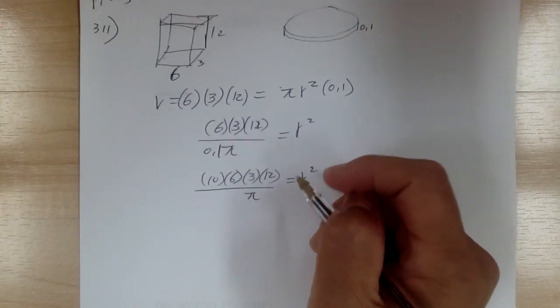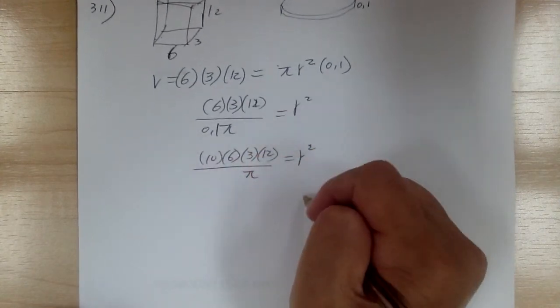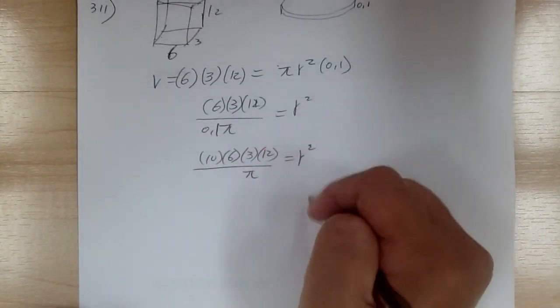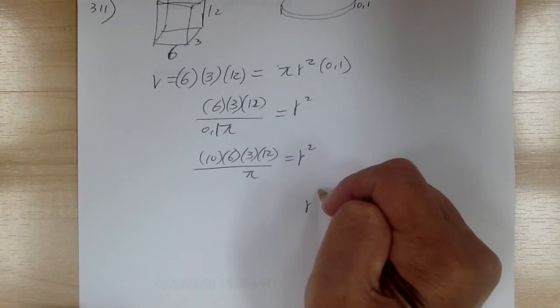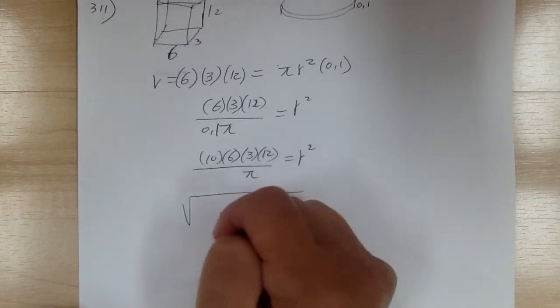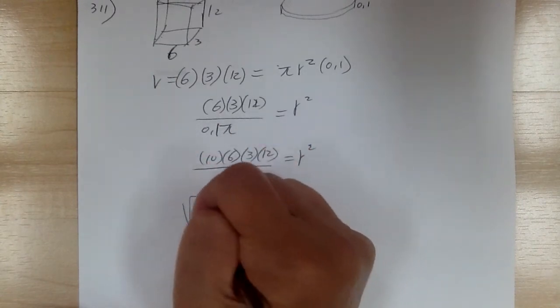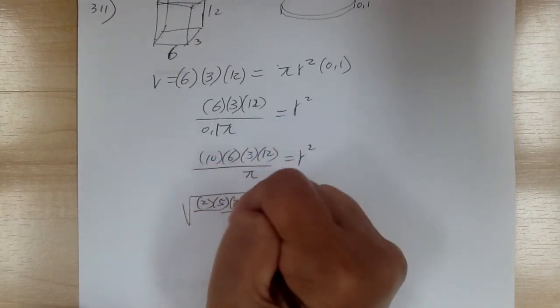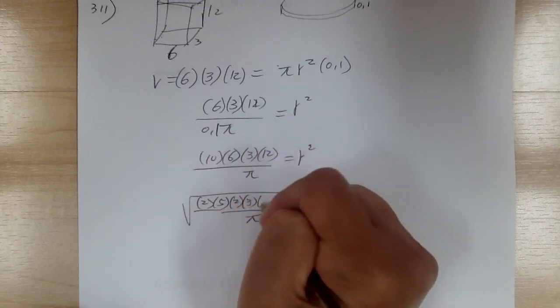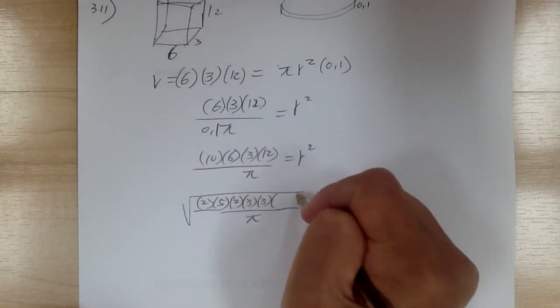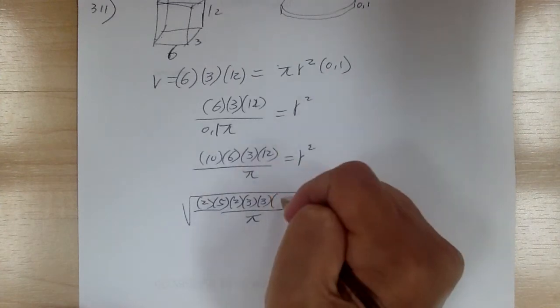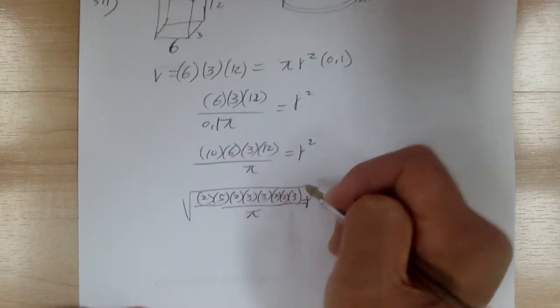Now to simplify this, calculus is not going to help because it's going to have radicals. So r equals the square root of, and I'm going to break this down into 2 and 5, break the 6 down into 2 and 3, and you have the 3 over here, and the 12, I'm going to break into 2, 2, and 3.